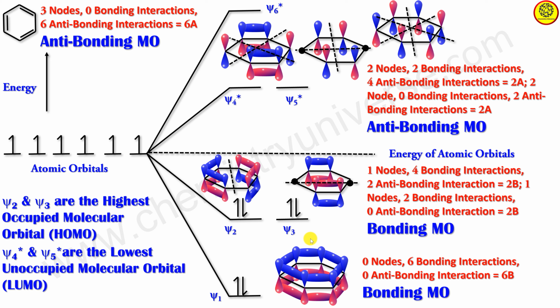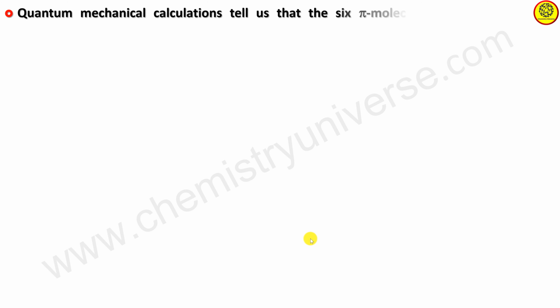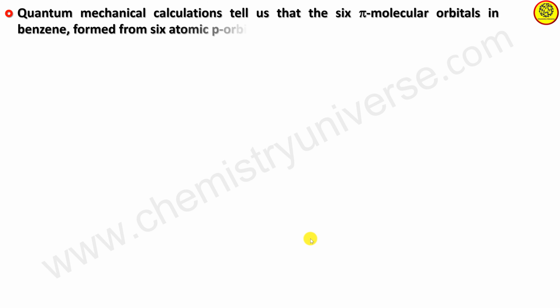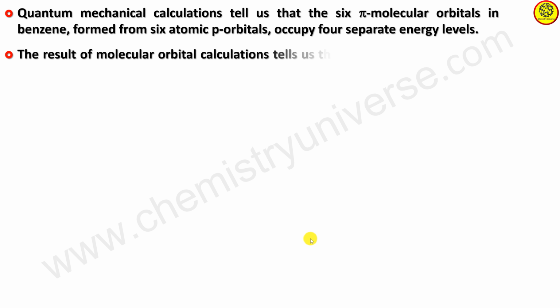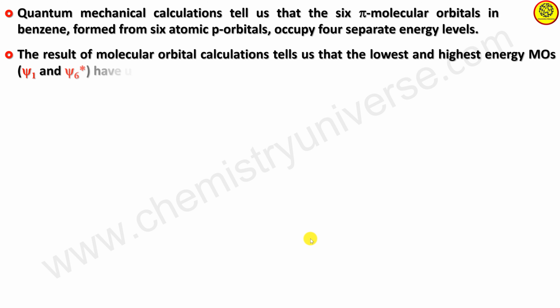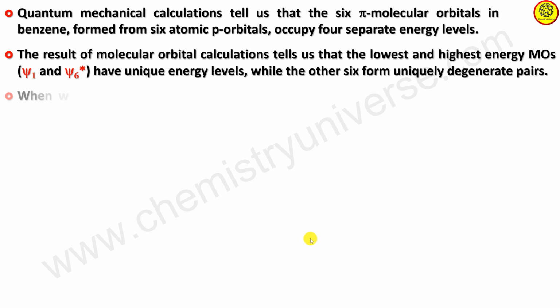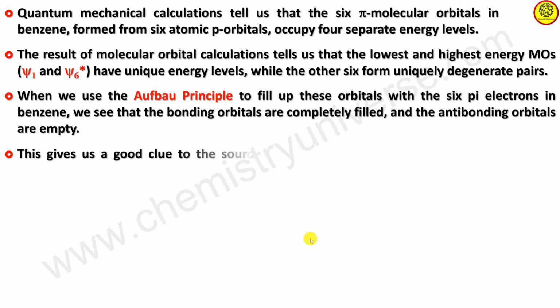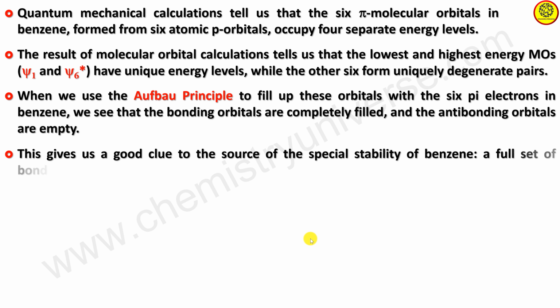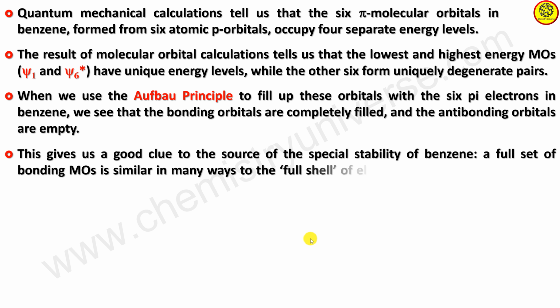So this is how the bonding works in a 6-membered ring, and the explanation is here. The quantum mechanical calculations tell us that there are 6 pi molecular orbitals, and the result of the molecular orbital calculation tells us that the lowest and the highest energies are these, and we follow the Aufbau principle, and benzene gets a full set of bonding MOs, similar in many ways to a full shell of electrons.